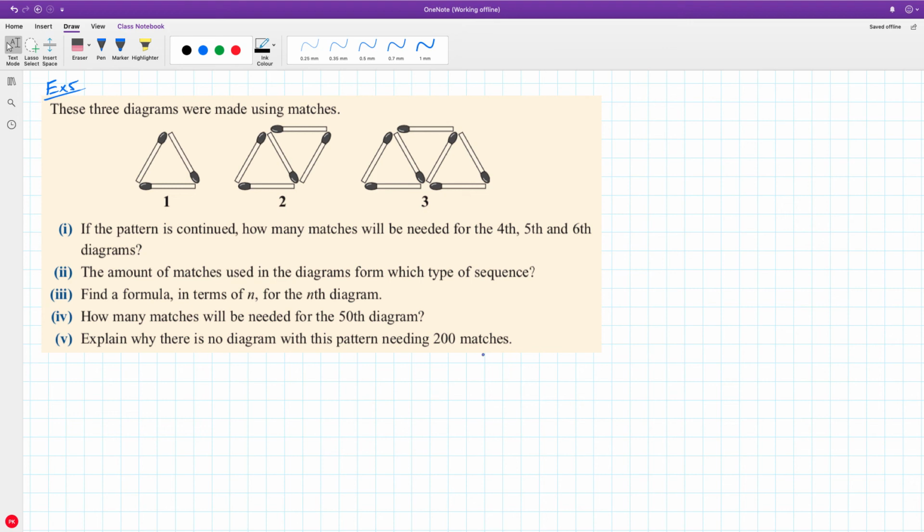Is that like Tn? The last one is tricky. Do we go up to 6 for the Tn one? No, just find Tn in general. You don't have to find T1, 2, 3, 4. Just find Tn itself.